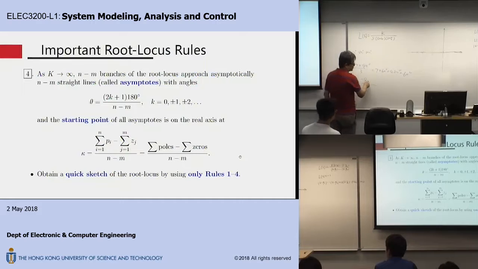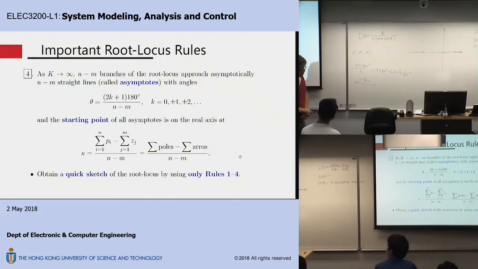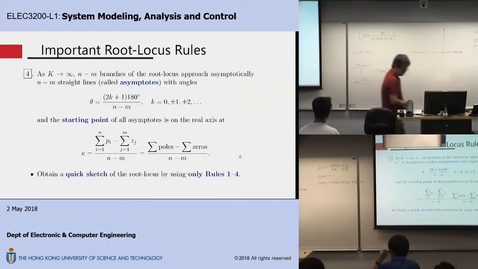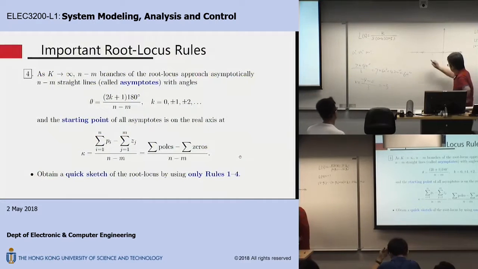Right? Minus the zeros, and that's not zero, that's 3. So this is minus 3. So now, basically, we have minus 3 here.